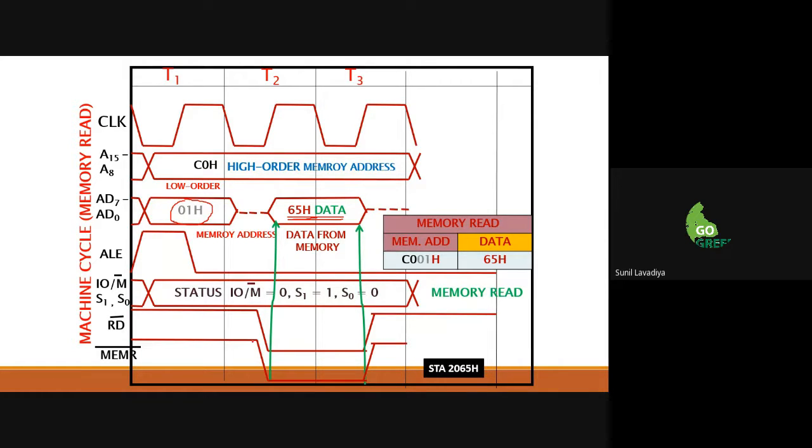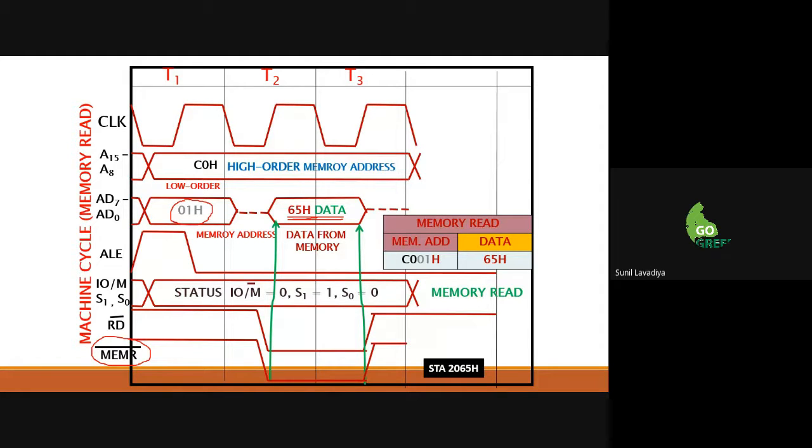Along with that, one additional signal that we have added here is MEMR bar. So why have we considered this one? Anyone? Why do I consider MEMR bar, memory read bar? I have already explained that in our previous lectures.